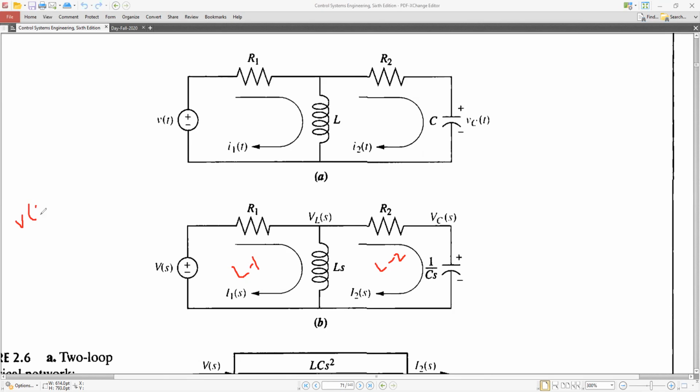Vs is equal to R1 I1s, right? R1 I1s for loop 1, plus Ls I1s, minus Ls I2s.